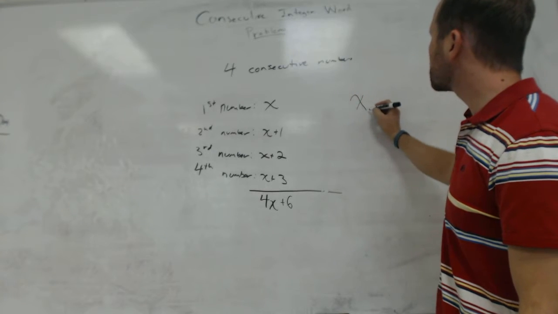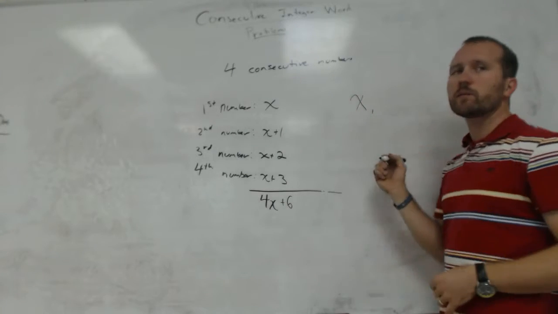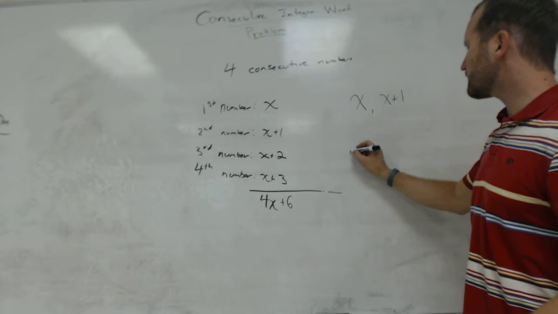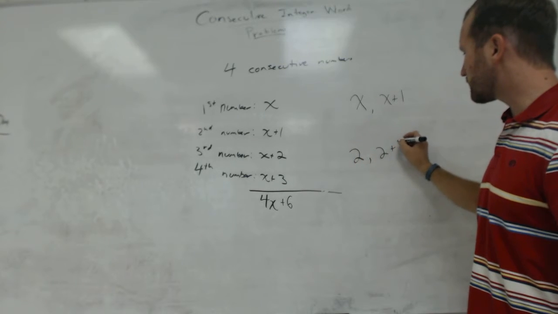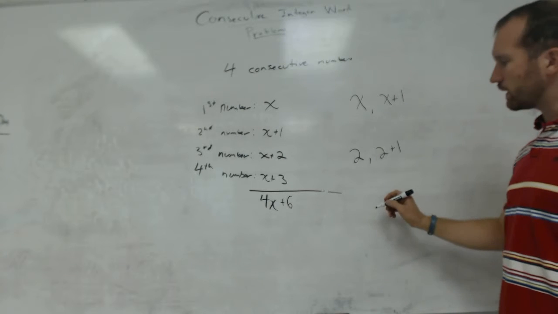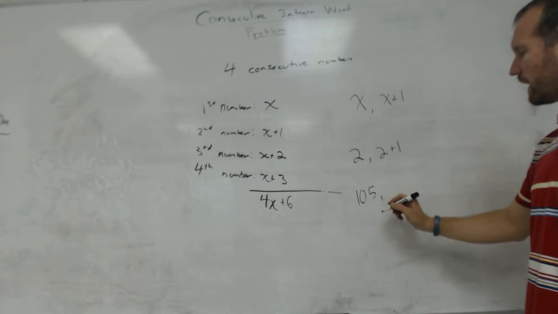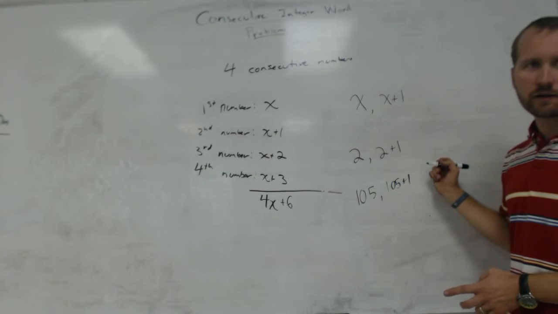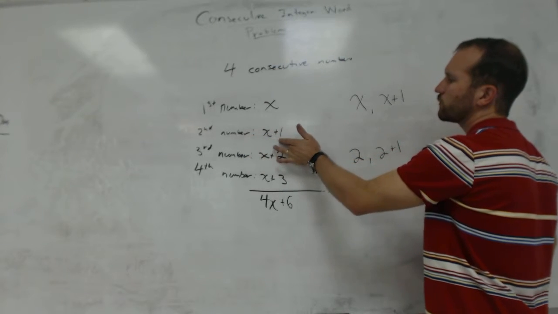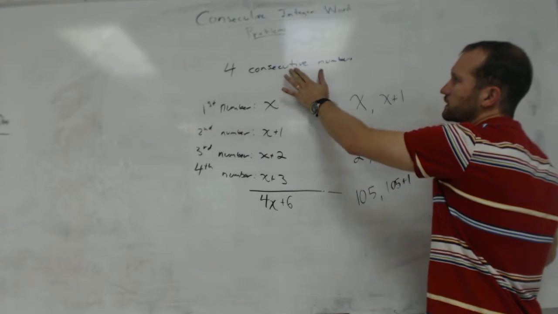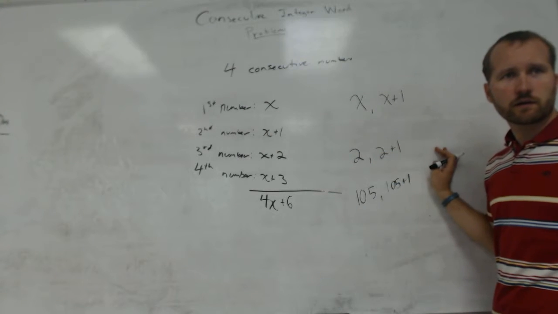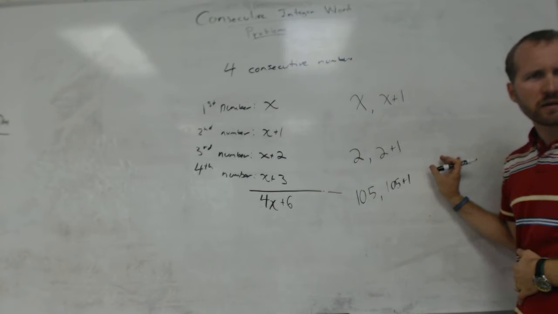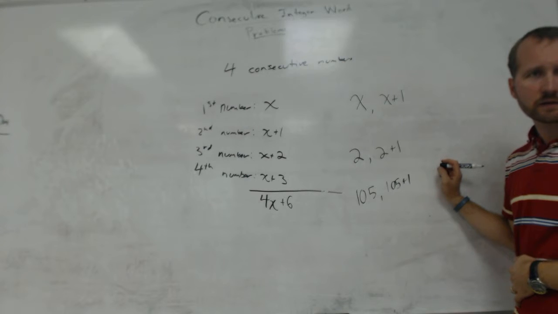If the first number is x, the next consecutive number after any number is that number plus 1. The next consecutive number after 2 is 2 plus 1. The next consecutive number after 105 is 105 plus 1, 106, right? So the reason the second number is x plus 1 is because that's the next number after x. The number after x is x plus 1. Would you guys agree with that?